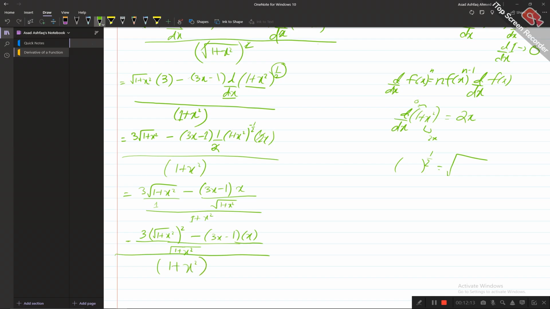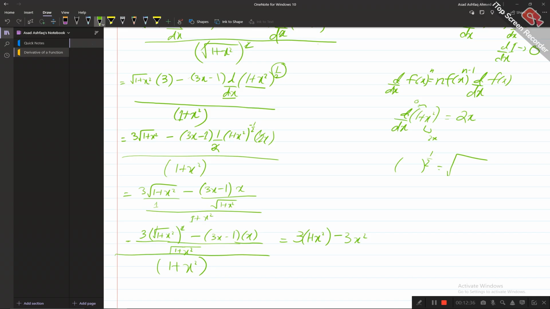Now it will be cancelled, square root by square, so we get 3 into 1 plus x square minus x multiplied by 3x, so it will be 3x square, minus and minus.